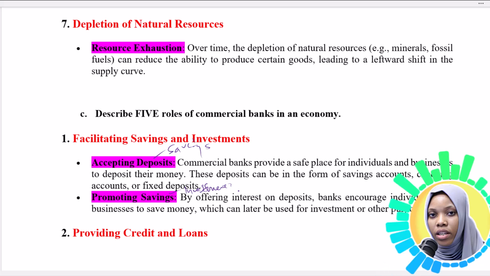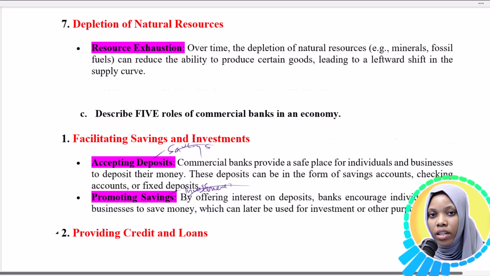These deposits can be in the form of savings accounts, checking accounts, or fixed accounts. And then promoting savings. By offering interest on deposits, banks encourage individuals and businesses to save money, which can later be used for investment or other purposes. So this is the savings, and this is how the commercial banks facilitate investments.